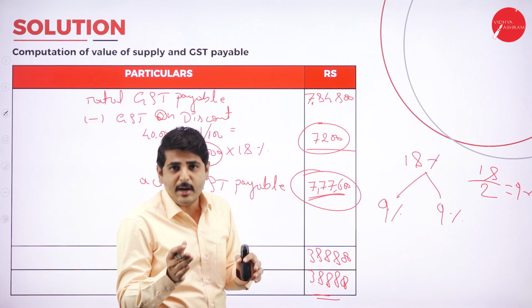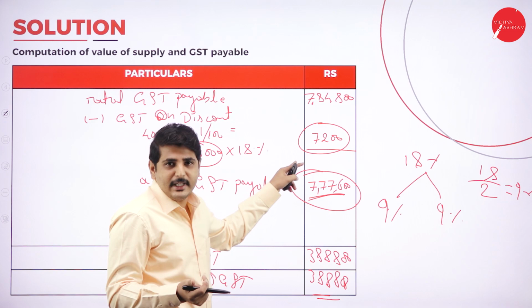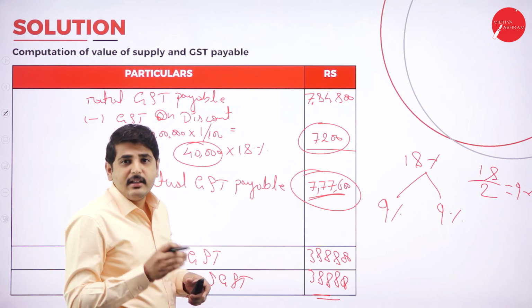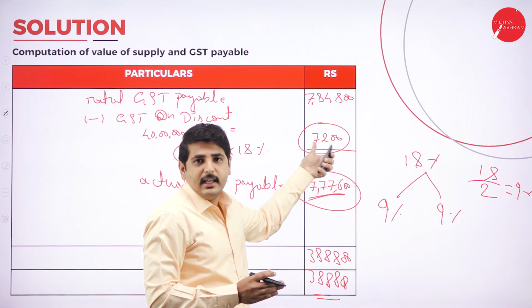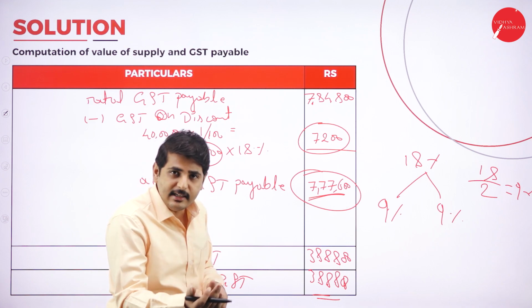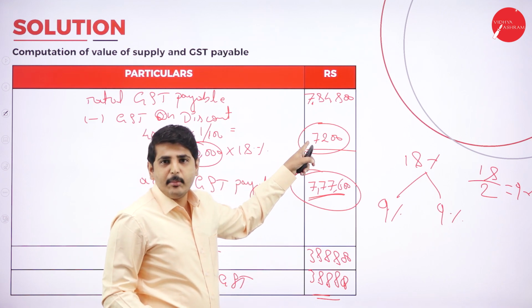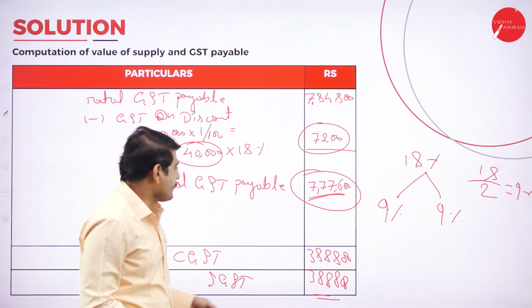If he does not receive the amount within 30 days, he will not give the discount. So we have assumed that the receiver of the goods will pay within 30 days, and once he pays, he gets the discount, and the tax amount will be reduced. That's why we have deducted like this.